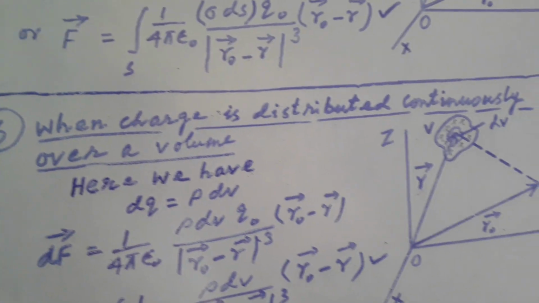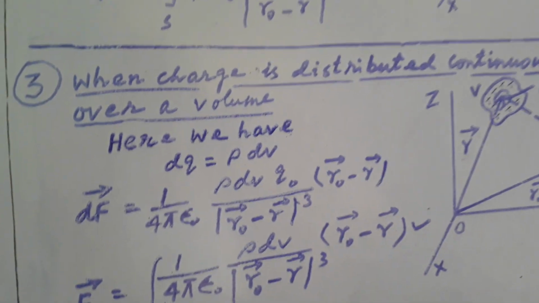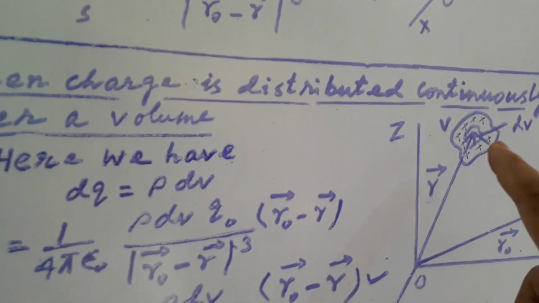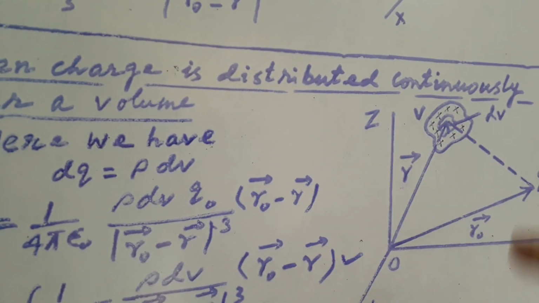Number 3, when charge is distributed continuously over a volume. Now you look at the figure very carefully. This is total volume V and charge is distributed over the volume.